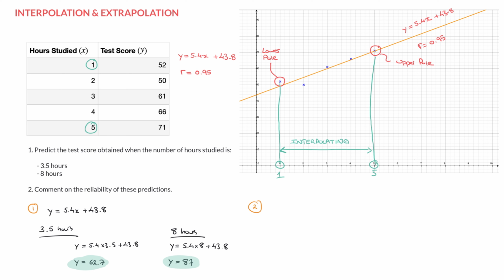On the other hand, when we feed our model values of x that fall outside of this interval 1 to 5, in other words, if we feed it values of x which are greater than 5 or less than 1, then we're extrapolating. And put simply, extrapolating is not reliable.